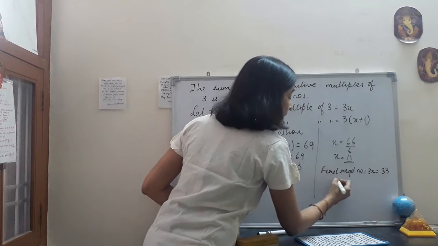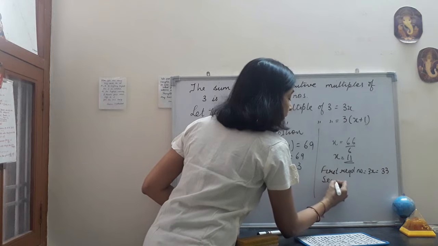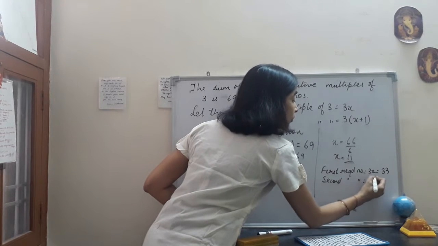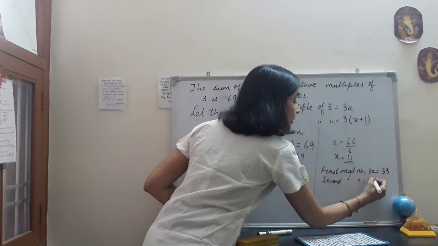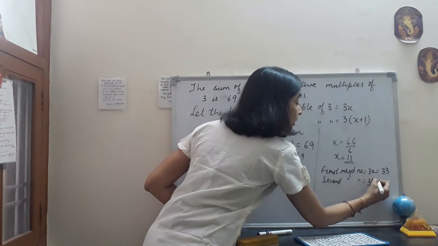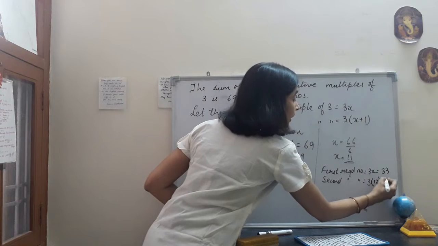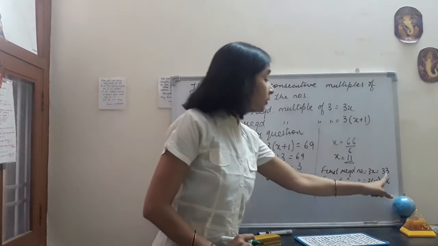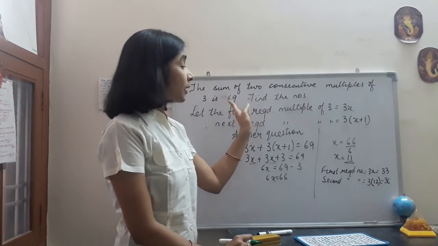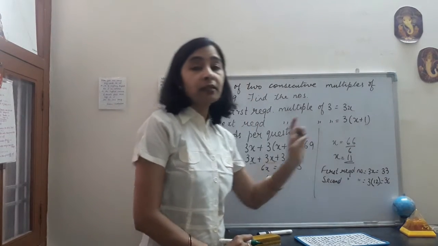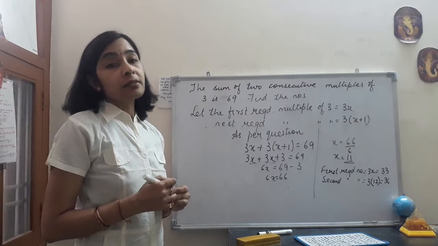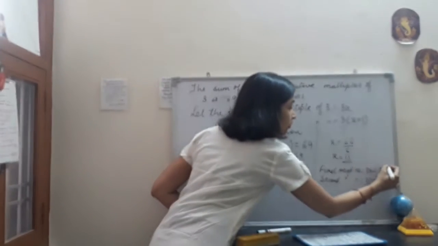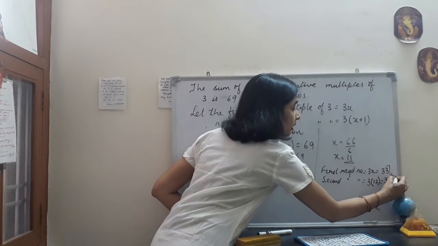The second required number is equal to 3 into x plus 1, that means 3 into 12, so that will be equal to 36. Now we can also check the answer. 33 plus 36 gives us 69. So the sum of two consecutive multiples of 3 is equal to 69. Okay, clear? So this whole is our answer. We can write here answer.